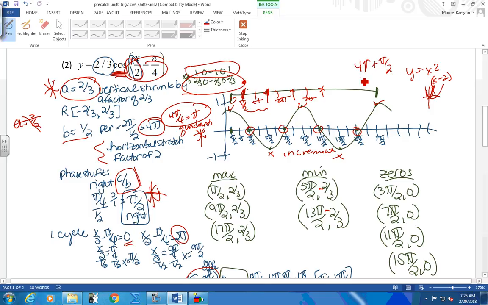I realize it's a fraction, just make a common denominator. And then you can figure out, well, there's my 4 pi, my pi over 2, I get 1 cycle. If you want to just throw it in, add 8 pi and get where you're going to end up. But you need to be able to do this. Questions? I hope you wrote this down, because you're going to get this on your test.